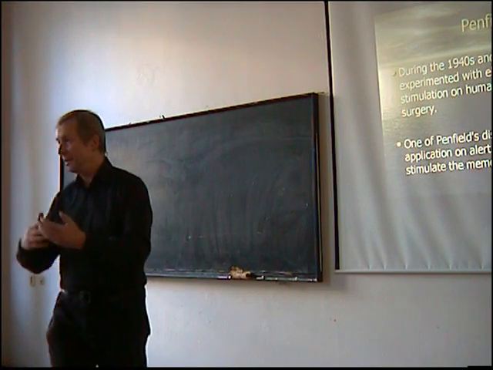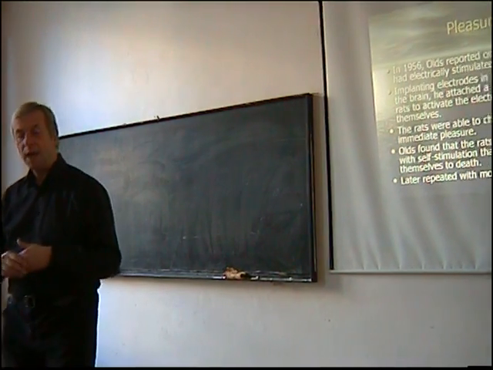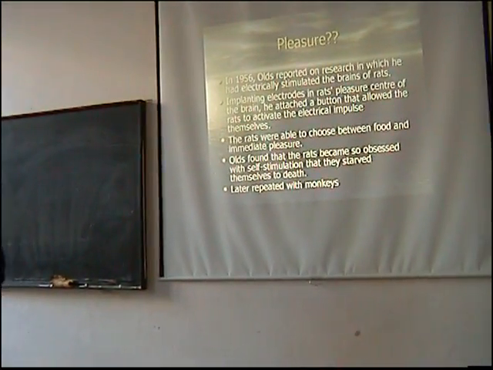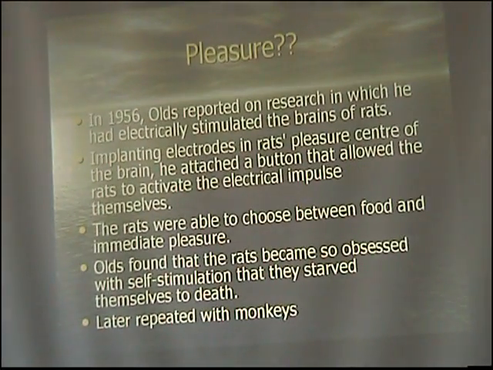This I think is one of the most incredible pieces of research in terms of how it affects humans and so on. 1956, Olds. He started off with rats, but the experiment was as follows. Again, into the pleasure centre for rats that we've been looking at with Chapin. It's fairly well known for monkeys, fairly well known for humans.